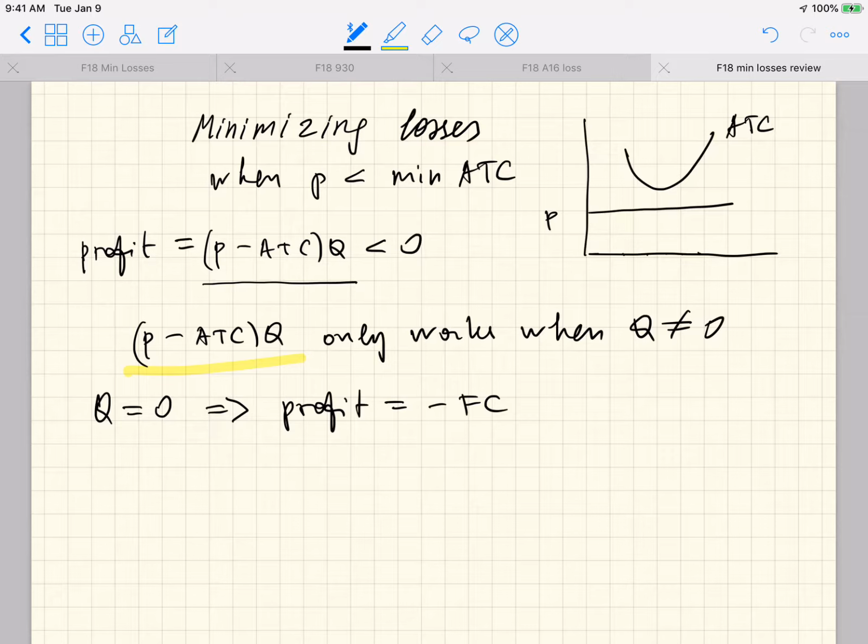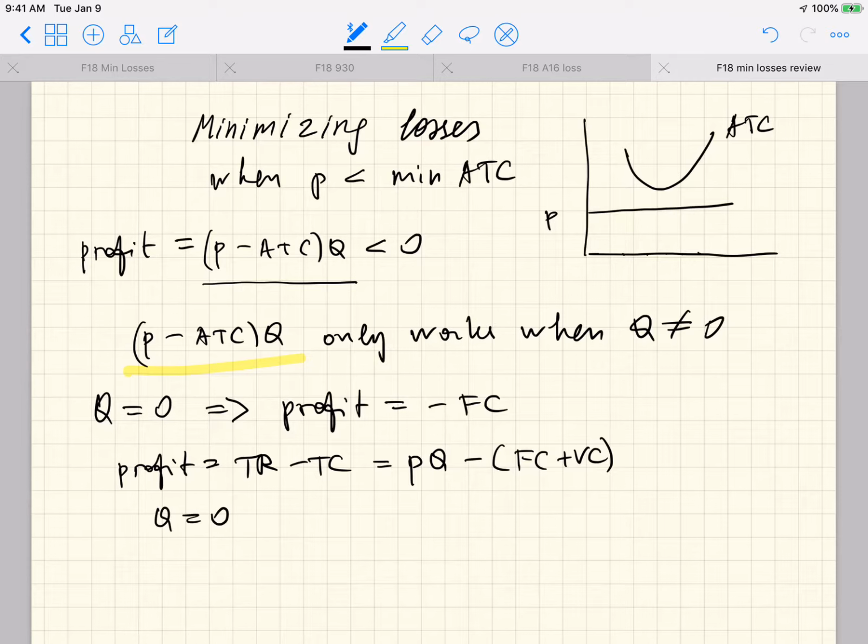And we can actually see that by going back to the basic formula for profit. Total revenue minus total cost can be shown as PQ minus total cost as the sum of fixed cost and variable cost. And when Q is zero, that makes this thing zero, but this thing doesn't go anywhere.